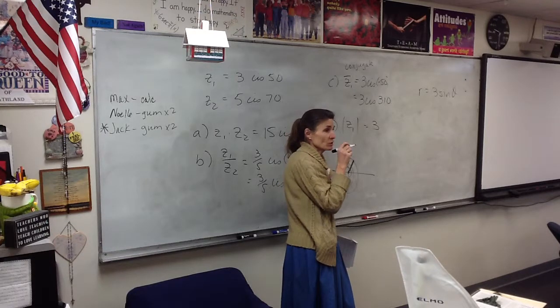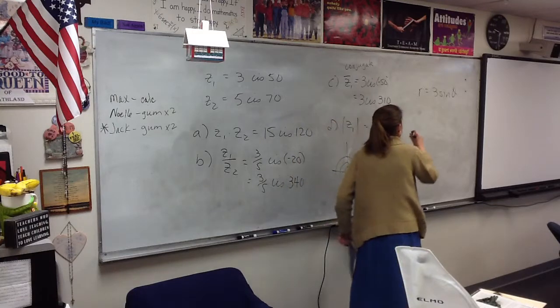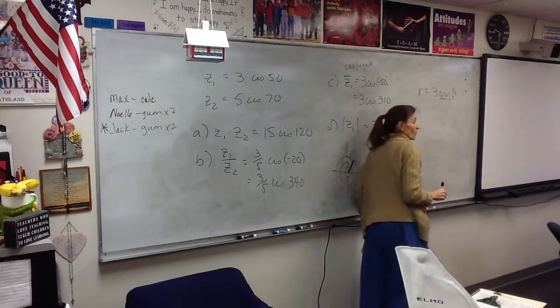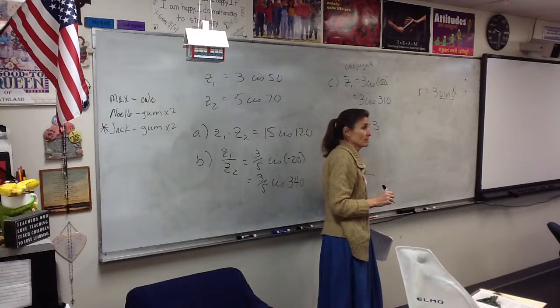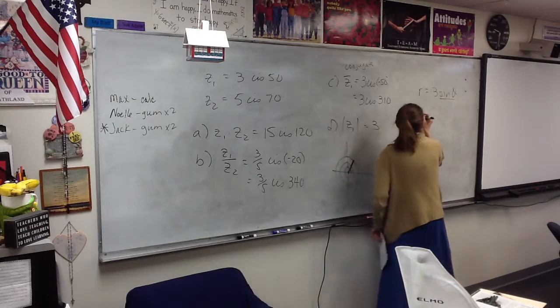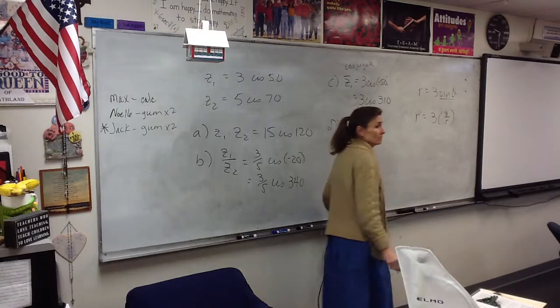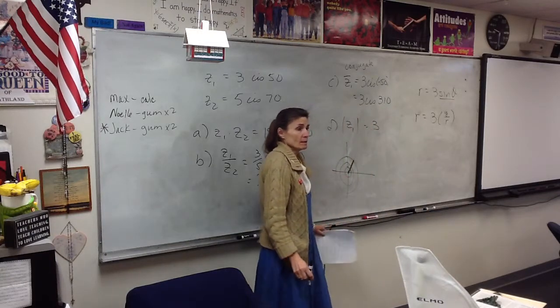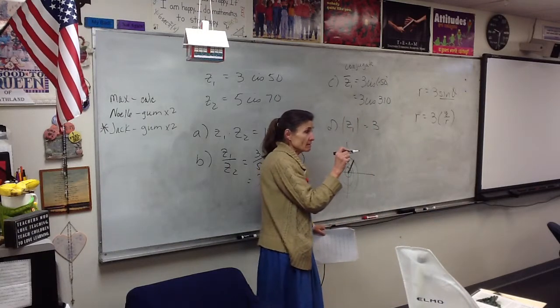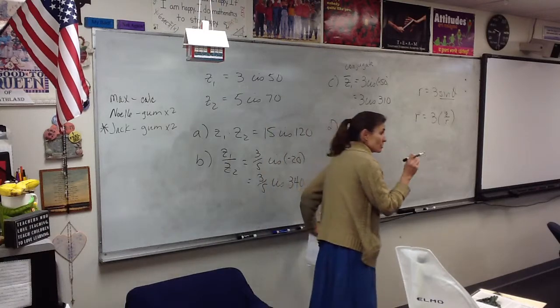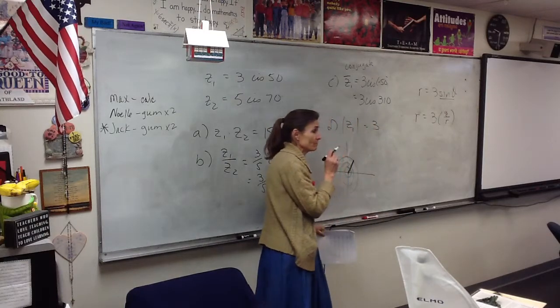Take care of the function first. So what is sine? By definition, what is sine? Y over R. So take out the sine and replace it with Y over R. Now, when you do that, no matter what function is in your problem, you're going to have a fraction.